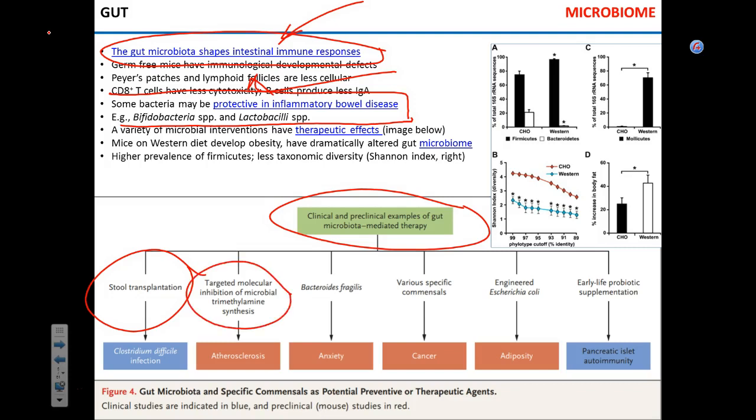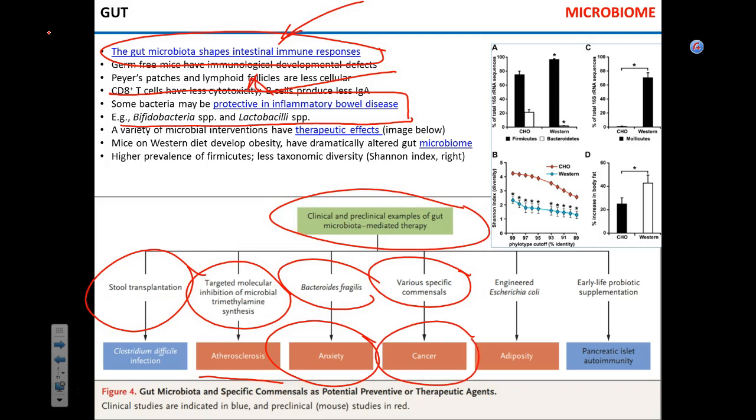Okay. There are studies ongoing on the bacterial intervention to reduce the development of atherosclerosis. Okay. Bacteroides fragilis is used to treat anxiety. Some commensal microorganisms can reduce the risk of developing colon cancer, and genetically engineered E. coli can actually reduce adiposity, meaning that it can reduce the symptoms of obesity.